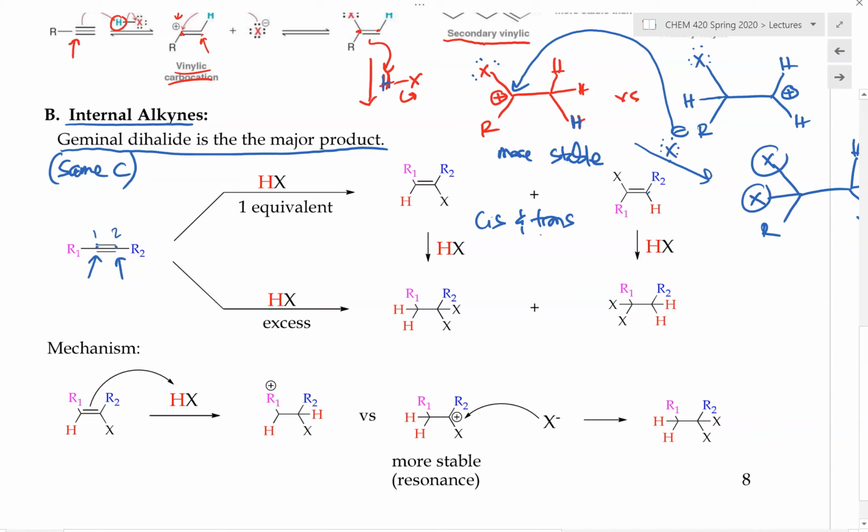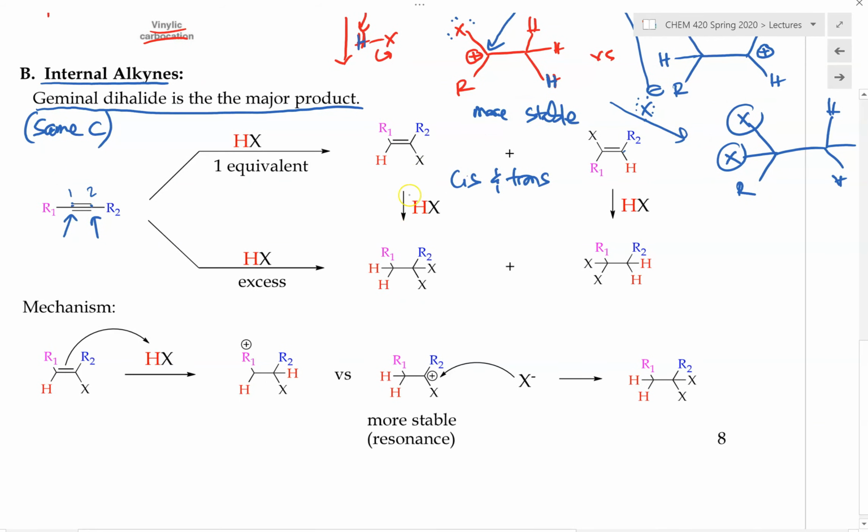This is why this is quite a messy reaction, because it is producing a mixture of different products. And once we have produced this dihalide, this alkene already, then if we were to have excess HX, this would react one more time. Again, we go through the same reaction mechanism.